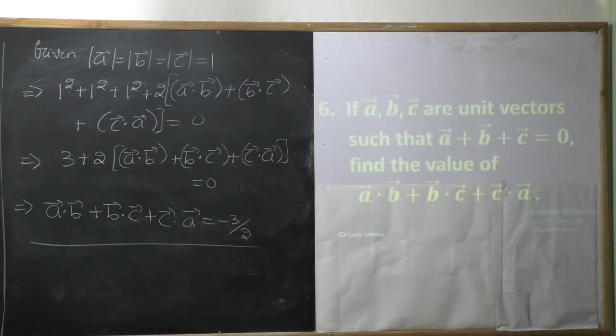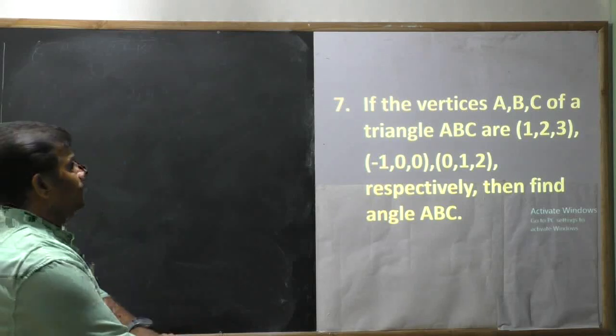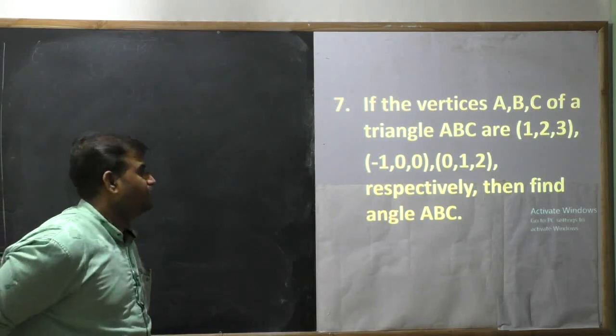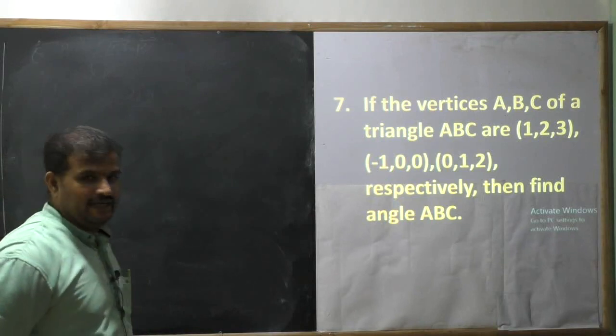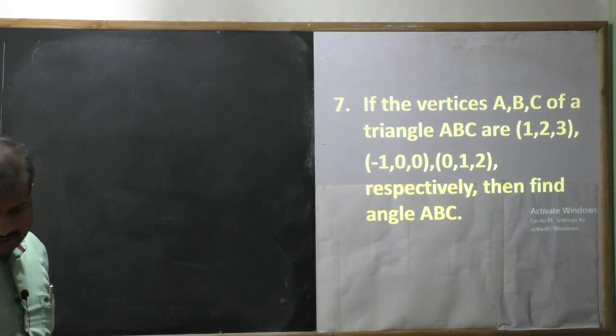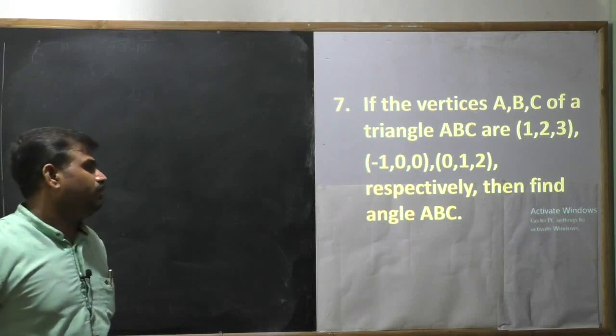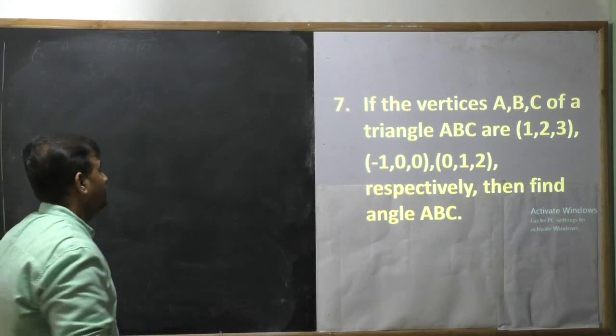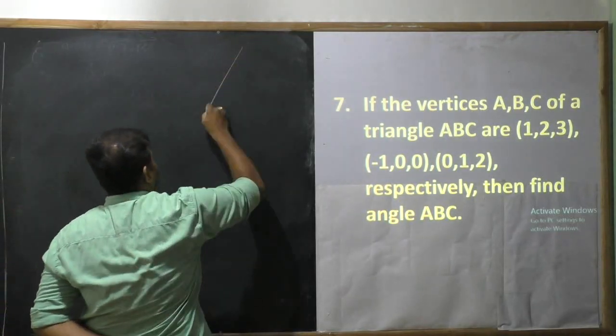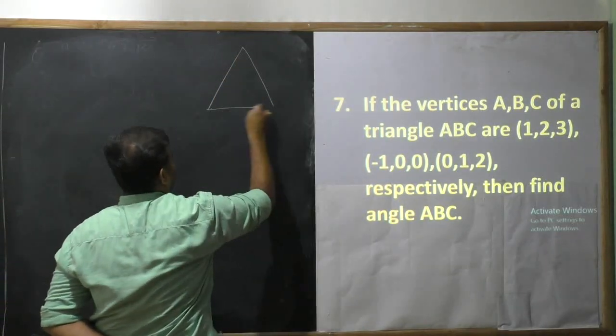Next problem is: if the vertices A, B, C of a triangle ABC are 1 comma 2 comma 3, minus 1 comma 0 comma 0, and 0 comma 1 comma 2 respectively, then find angle ABC. Okay, this is the given triangle.